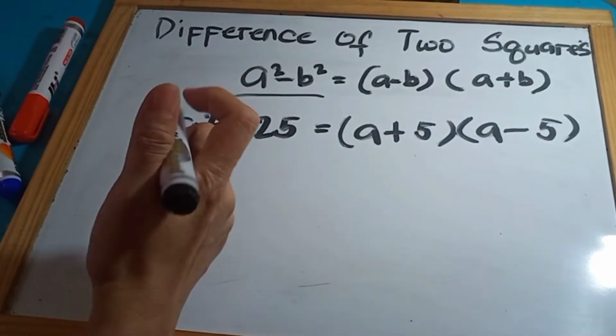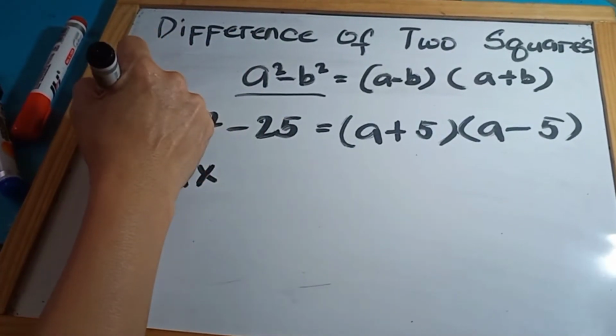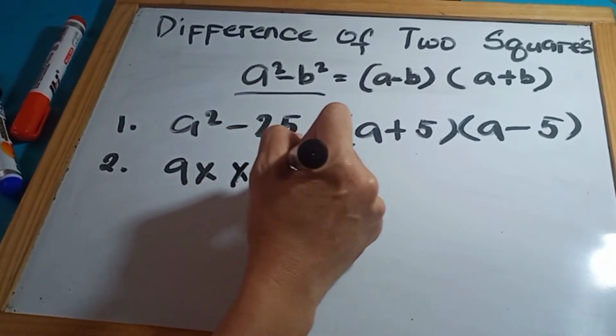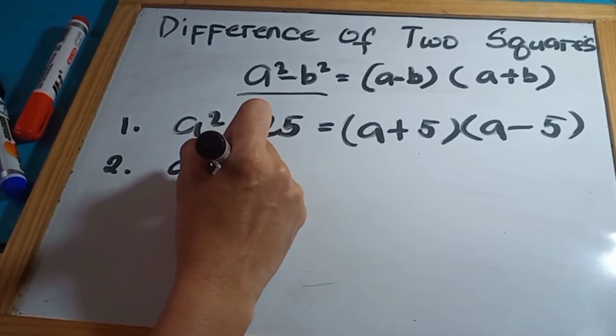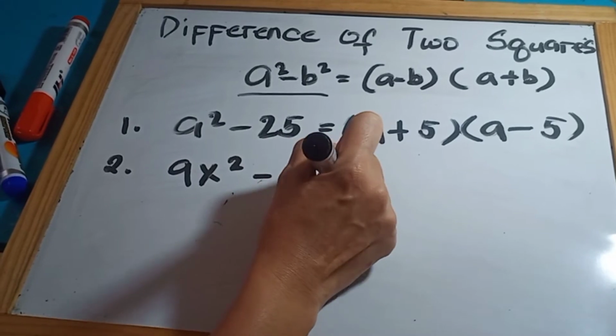Alright, so let's have another example. 9x squared minus 4y squared.